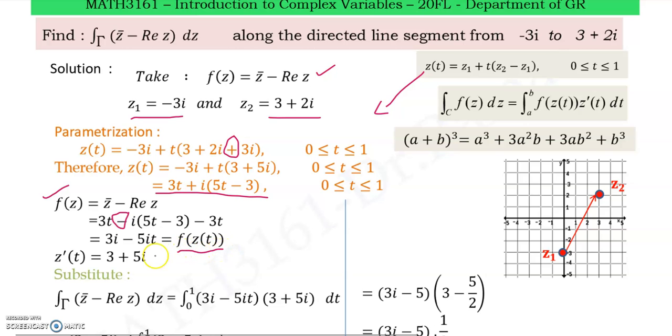Okay, after this we have to find z dash. How to find z dash? You have to find z dash from this one. Now z dash means you do the derivative with respect to t here, so 3 into 1, so 3.